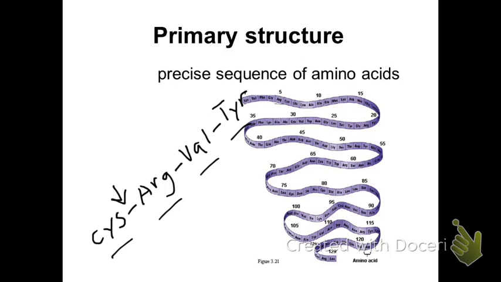So really, the precise amino acid sequence is going to help to determine the overall three-dimensional structure or shape of the protein. So the primary structure is very important to get it right. And if we don't get it right, the protein may fold wrong and result in a protein that does not do what it's supposed to do, the wrong function.